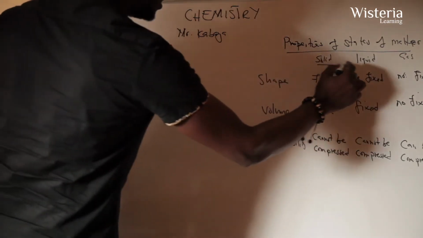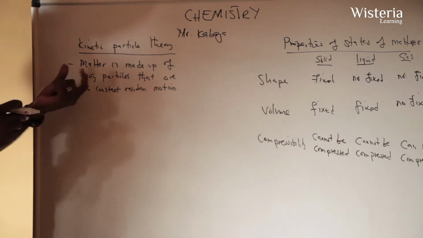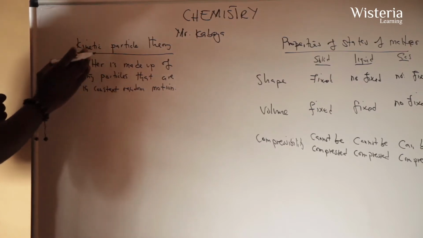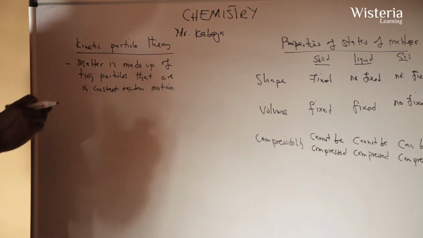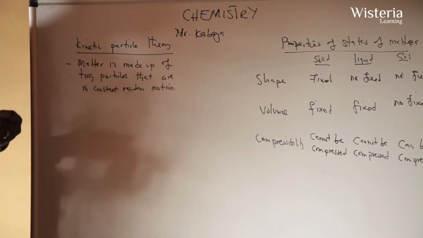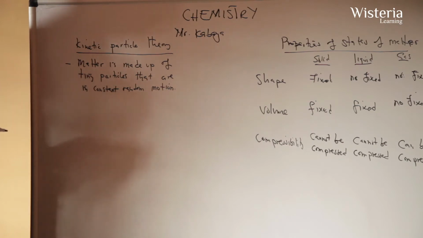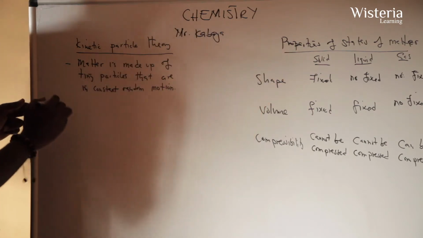This applies to a solid, a liquid, and a gas. What the kinetic particle theory tells us is the arrangement of the particles, the movement of particles, and also the force between the particles found in a solid, a liquid, and a gas.